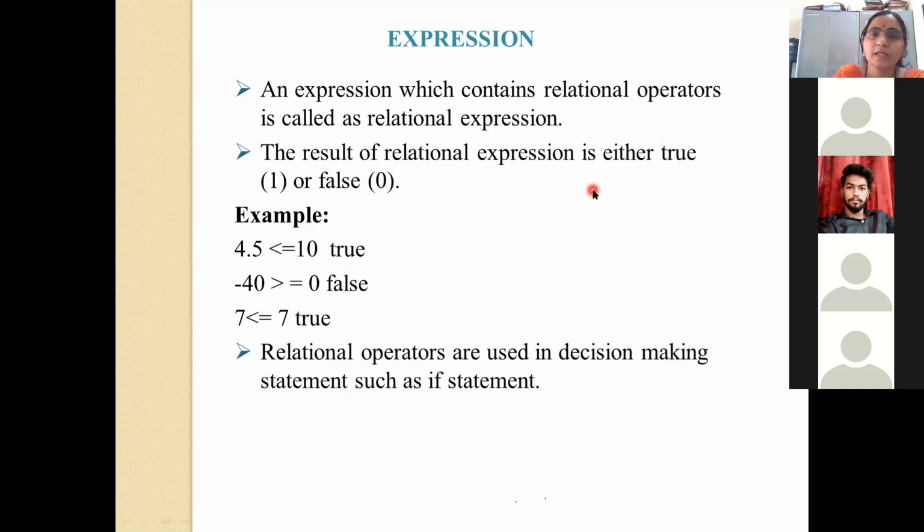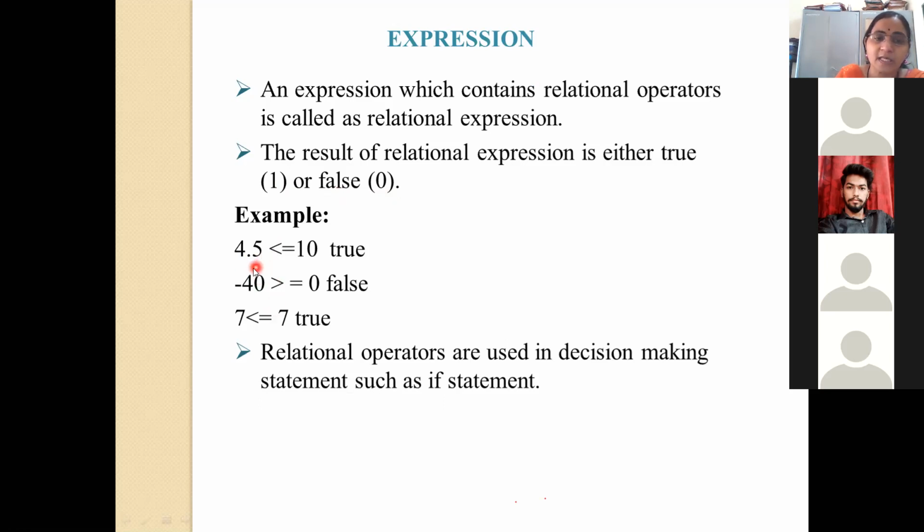The expression which contains relational operators is called a relational expression. The result of a relational expression is either true or false. If it is true, then it will return the value 1, and if it is false, it will return the value 0. These are some examples of relational expressions.